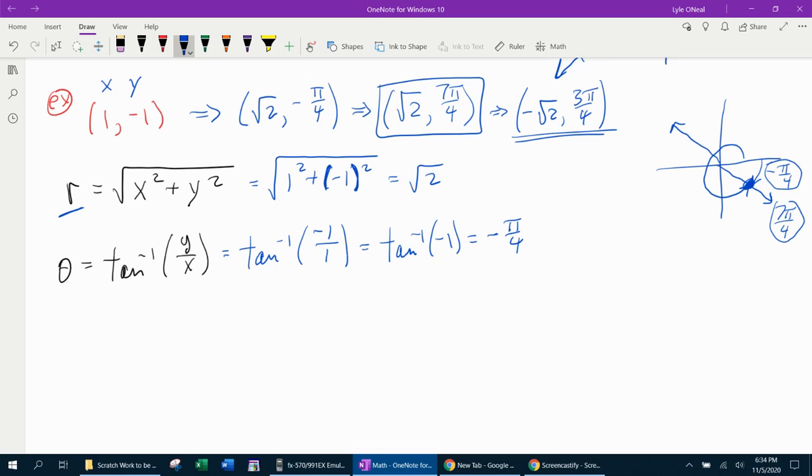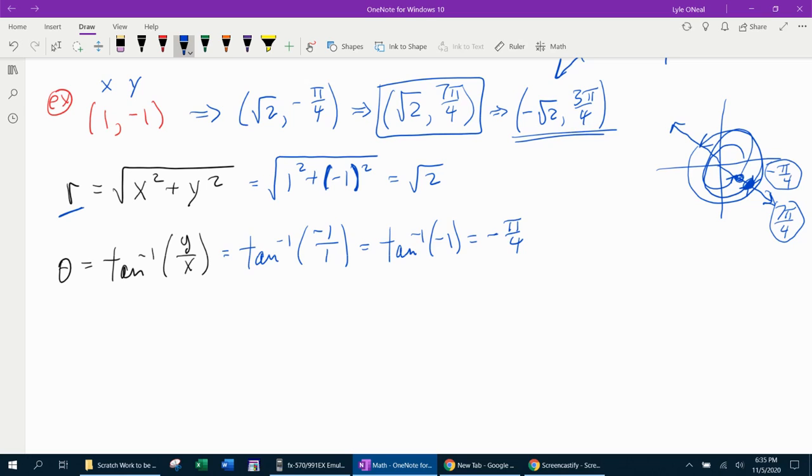Okay, and there's probably, you know what? There's an infinite number of correct answers, because you can always make a complete circle and get a new angle and still go in the opposite direction. And that goes for the positive radius also. If you're starting in this spot, you can go a full circle, which would be a different angle and would plot in the same spot.